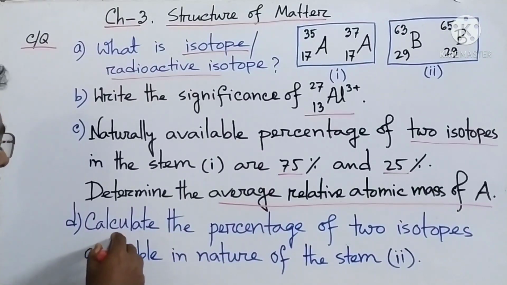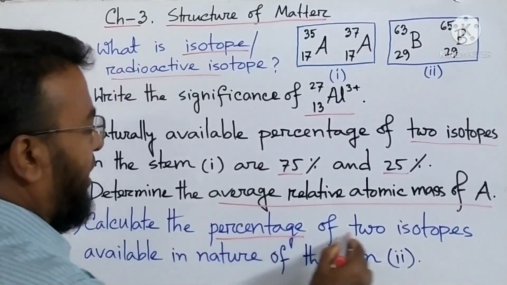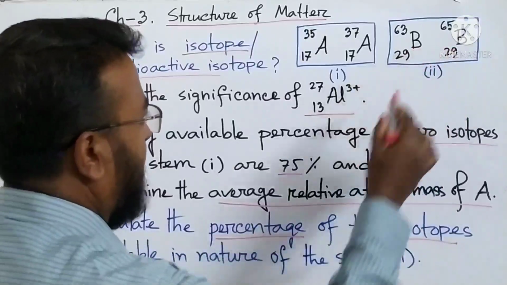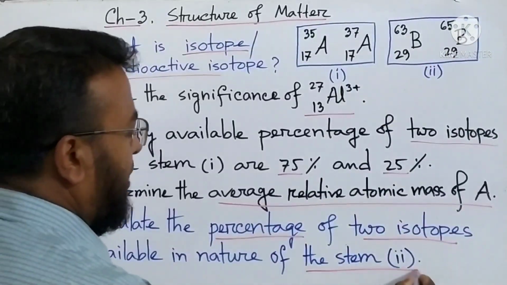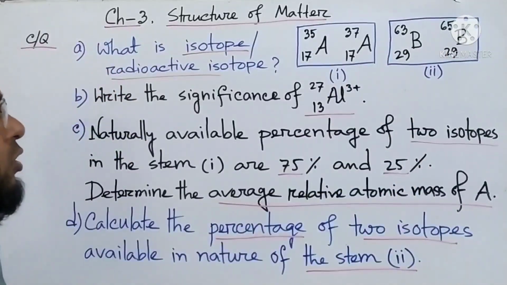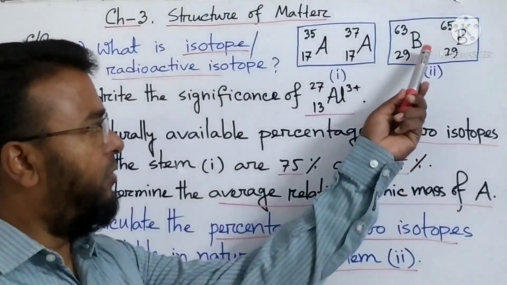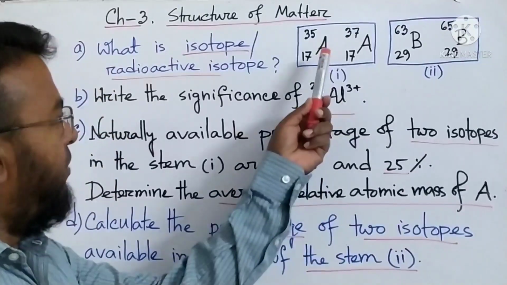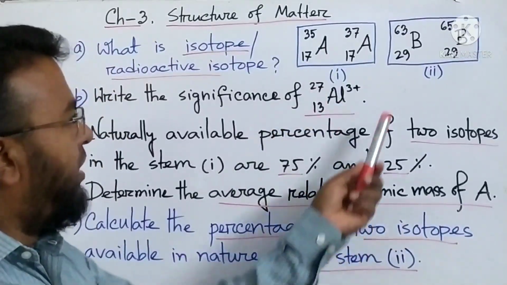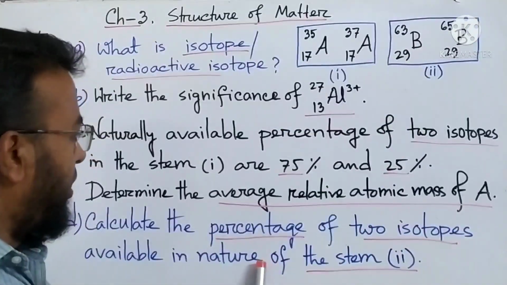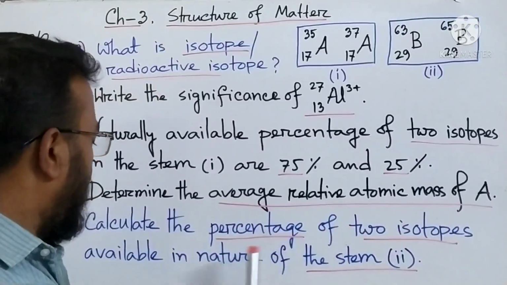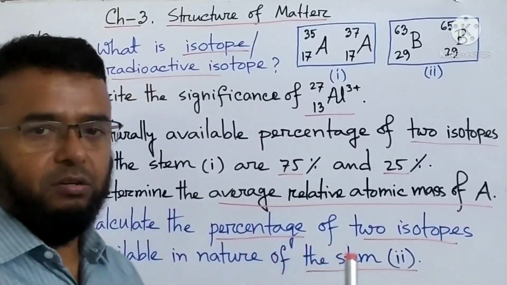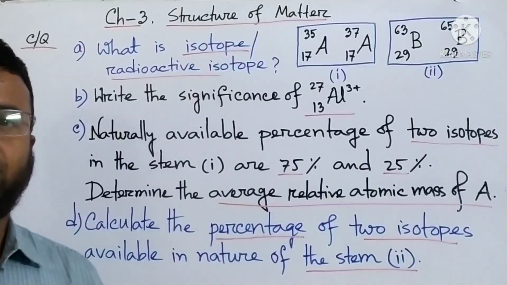Then number D, we have to calculate the percentage of the two isotopes given in stem B. Those are the two isotopes of copper, and these are the two isotopes of chlorine. Here we have to find out the relative atomic mass, and here we have to find out the percentage of two isotopes that are available in nature.